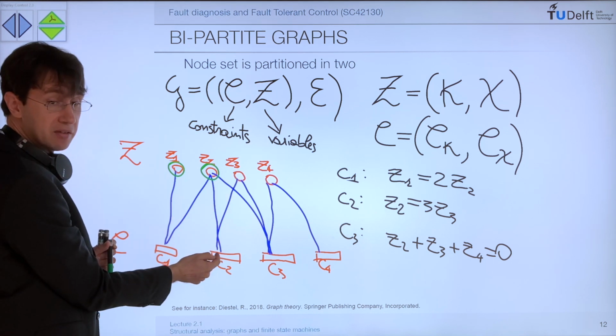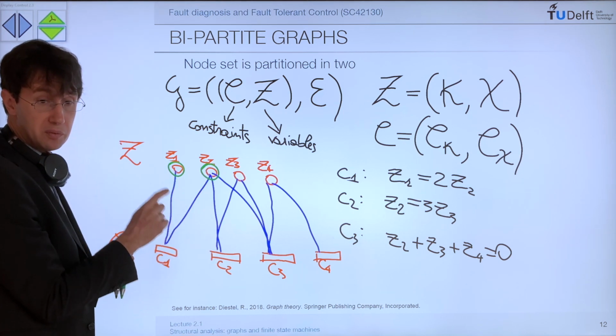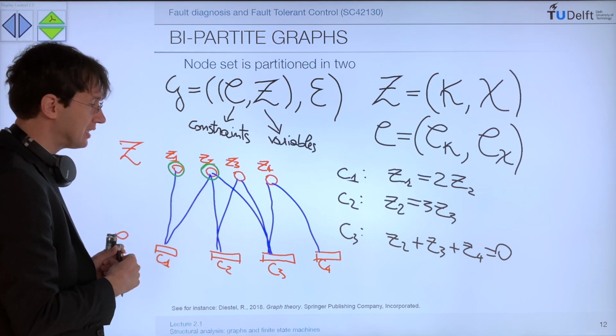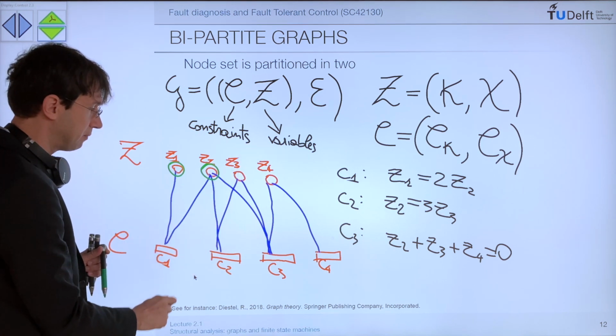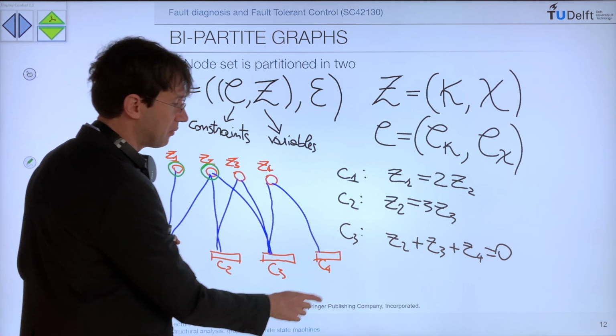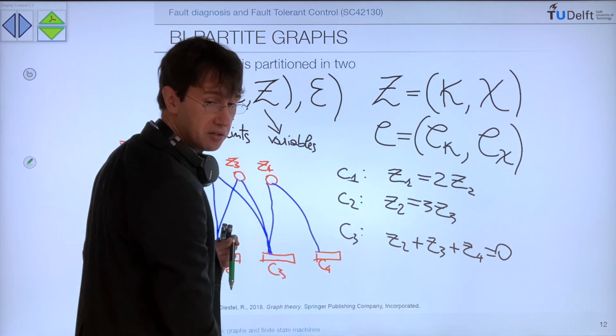And the only other variable that is occurring in this equation is z2. But we know that, which means that we can invert this equation to get the value of z3. So for instance, we say that this equation is simply z2 is equal to 3 times z3.